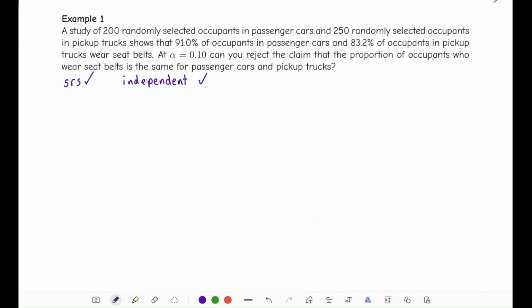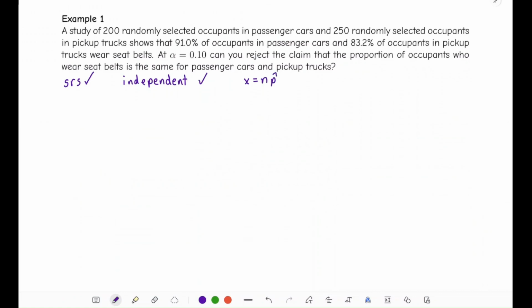Now, I do not know the number of successes or failures for either pickup trucks or cars, but I know the percentage of successes. So to calculate the number of successes, I'm going to be using the formula x equals n p hat.